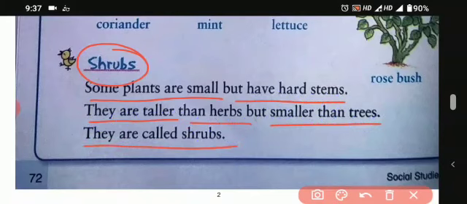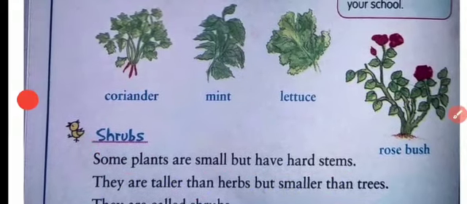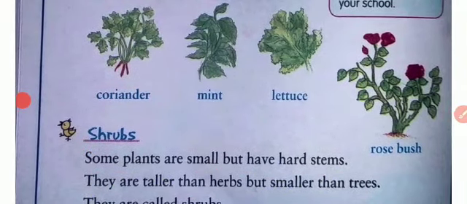As we can see in the picture over here, here is a rose bush which is called a shrub because the rose plant has a hard stem. It also has thorns.